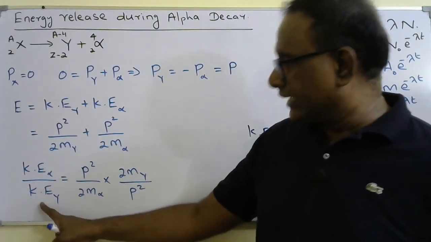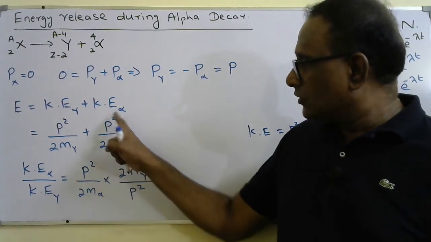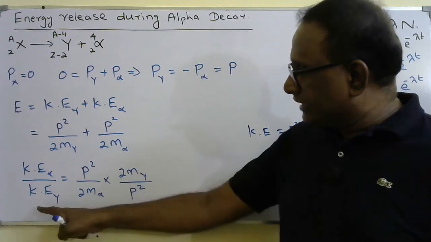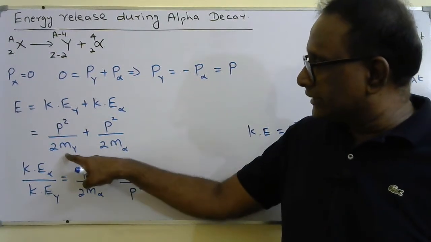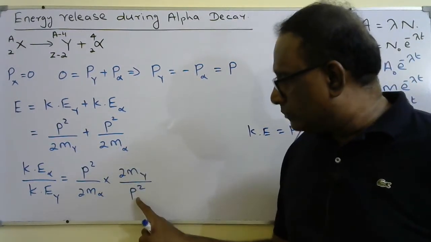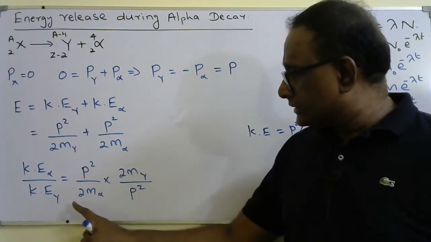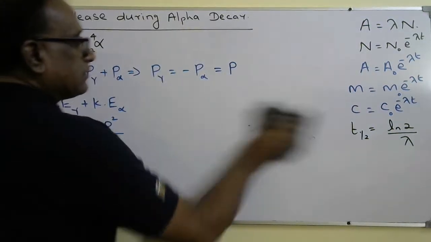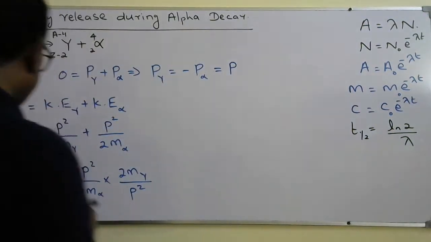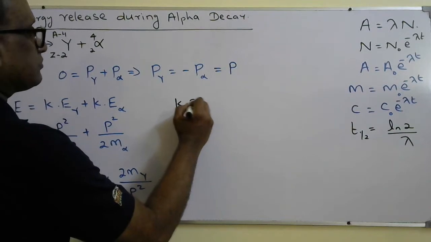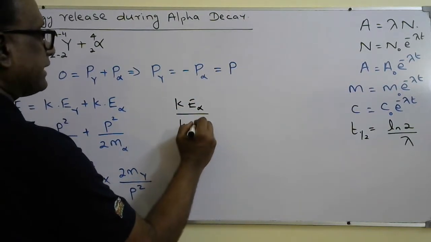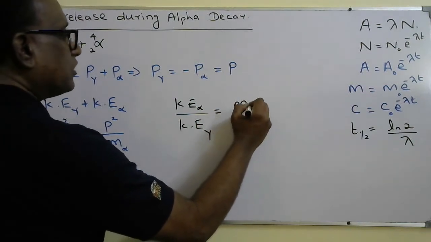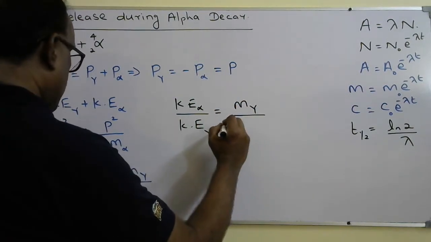We are dividing, so the other way comes as the reciprocal. P squared will get cancelled, 2 will get cancelled. So now we come to the final relationship: the kinetic energy of alpha to the kinetic energy of the daughter nucleus is equal to the mass of the daughter nucleus to the mass of the alpha.